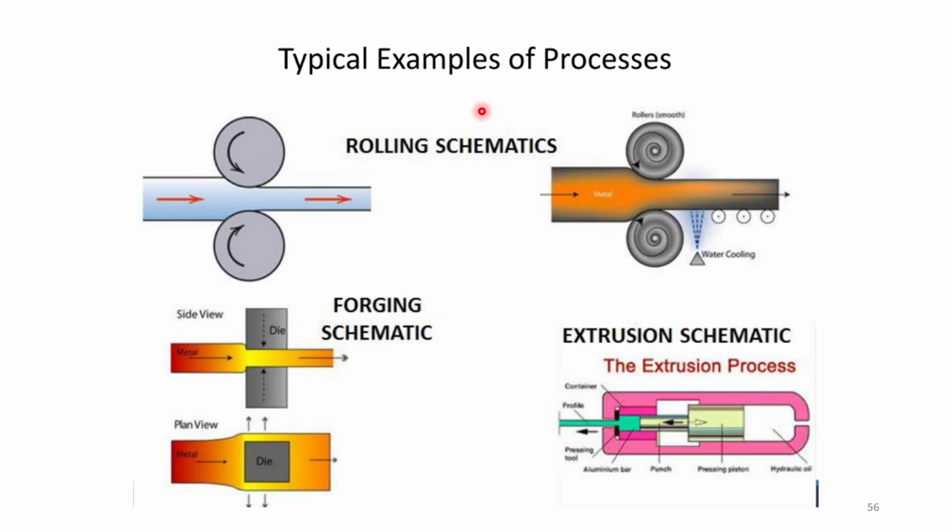Typical example of processes. So these are some of the schematics for cold working and hot working. In case of rolling, this is cold rolling, this is hot rolling. In case of hot rolling, this is metal that is being reduced in thickness.